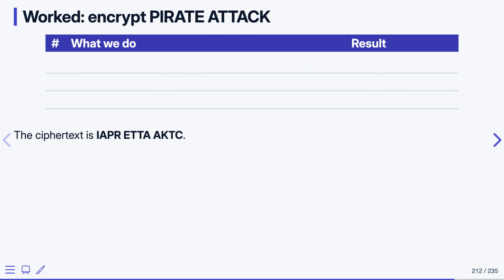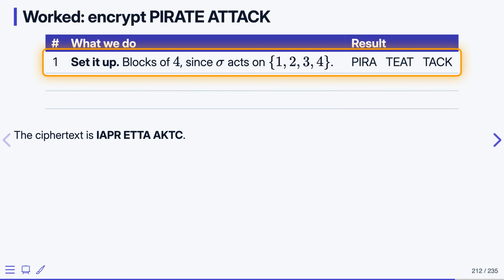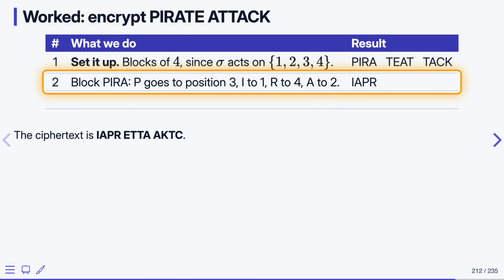Let's encrypt PIRATE ATTACK. Step 1, set it up. Our sigma acts on 4 positions, so we split the message into blocks of 4 letters. That gives PIRA, then TEAT, then TACK. Step 2, take the first block, PIRA. The letter in position 1 is P, and it moves to position 3.